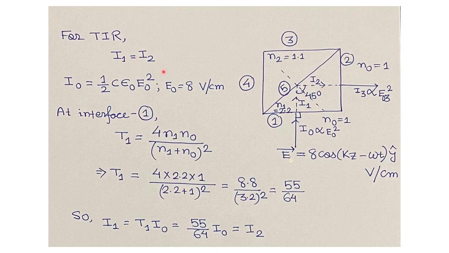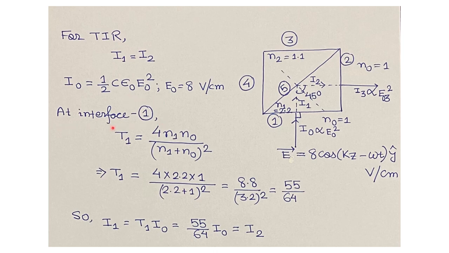So I1 equals I2, and I0 is the intensity of the EM wave in region 1, which is given by half C epsilon naught E naught square, where E naught is given in the question, that is 8 volt per centimeter. Here C is the velocity of light or EM wave in vacuum, and epsilon naught is the permittivity in vacuum.